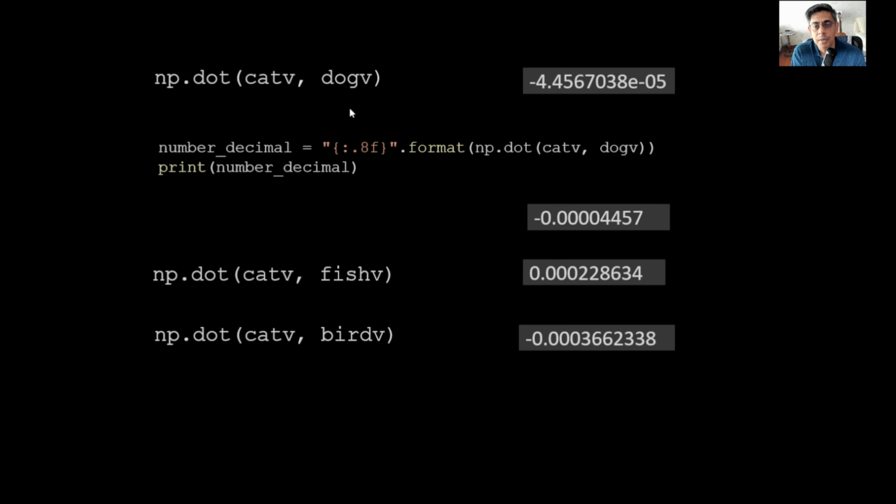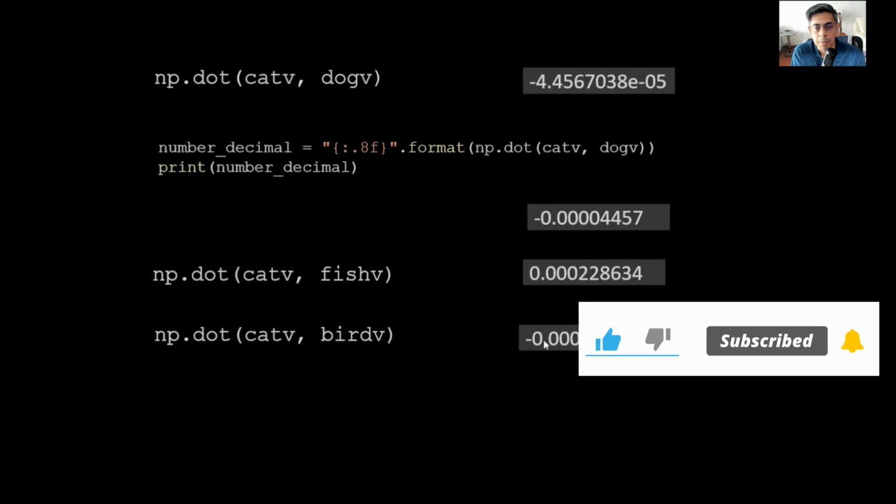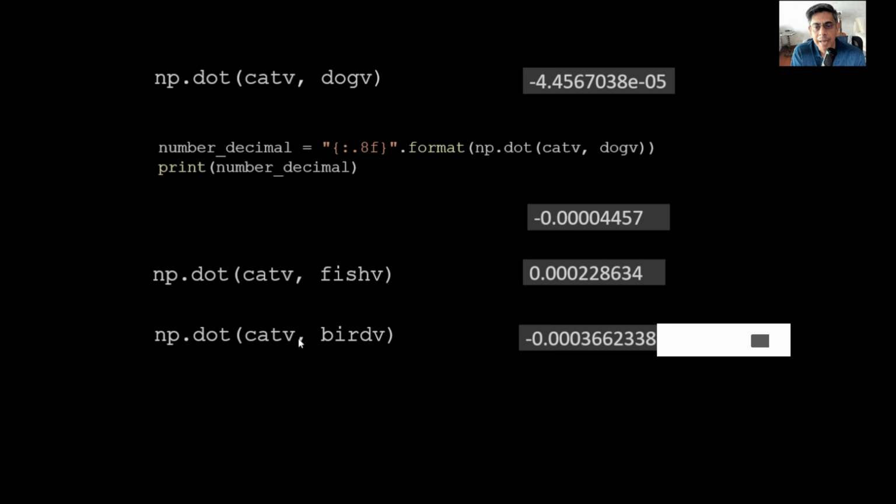Earlier the distance score should be lesser to become similar. Here the score should be higher to become similar. Because this is minus 0000, it is higher than 000 because it is a negative number. So between cat and bird and cat and dog, cat and dog scored higher.